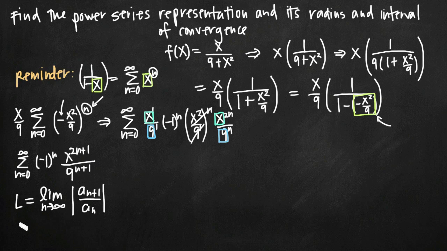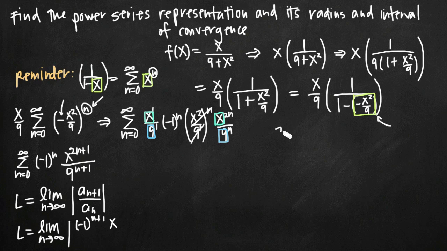All we need to do, we're going to say L is equal to the limit as n goes to infinity of the absolute value. Here for a sub n plus 1, we just plug n plus 1 into our original power series everywhere we have n. So we say negative 1 raised to the n plus 1, then we multiply that by x to the 2 times the quantity n plus 1 plus 1.